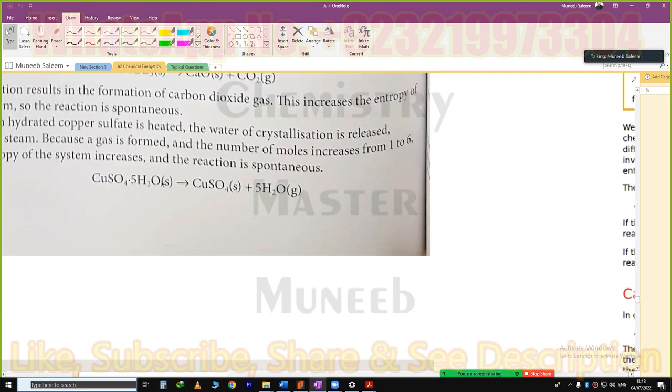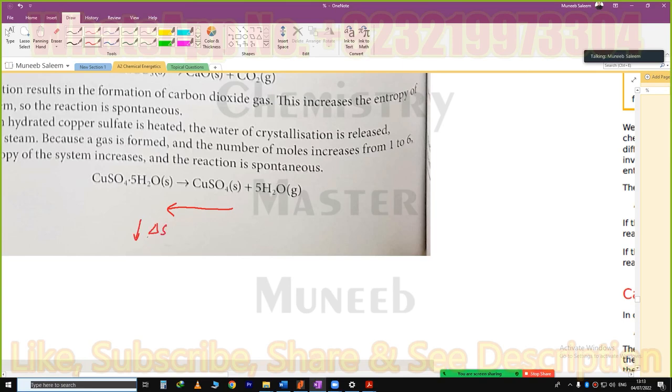This will give you a decrease in the disorder, because we are making one compound out of two reactants. If you move in the opposite direction, this will give you a decrease in entropy.